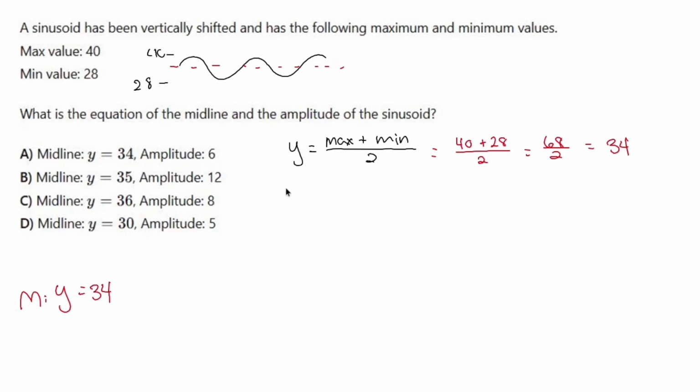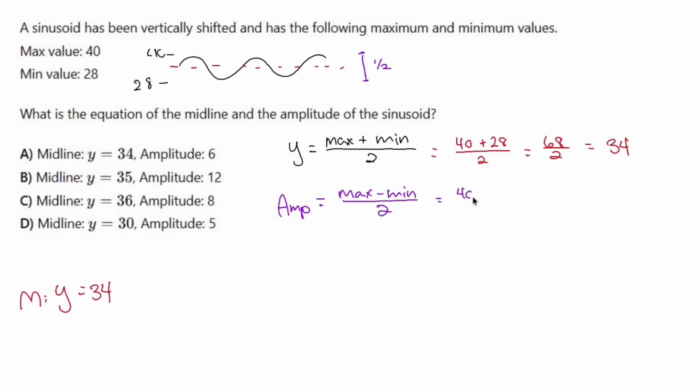My amplitude is going to be very similar, but it's half the distance of the total max to min. So it's going to be from here to here, but half of it. The amplitude is the maximum minus the minimum all over 2.